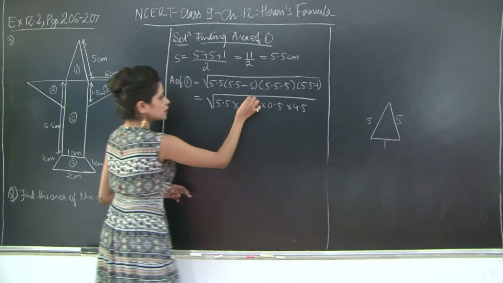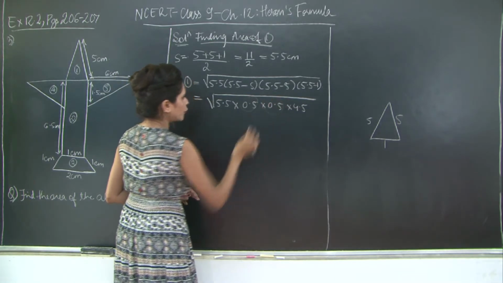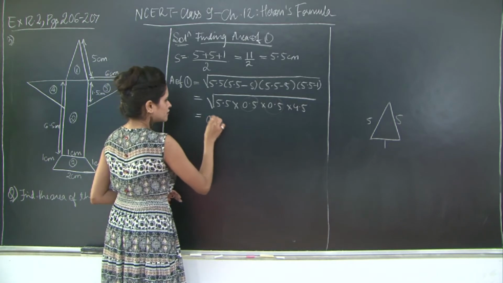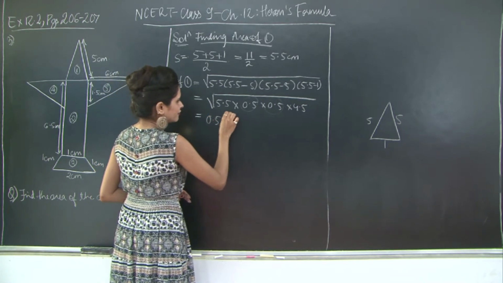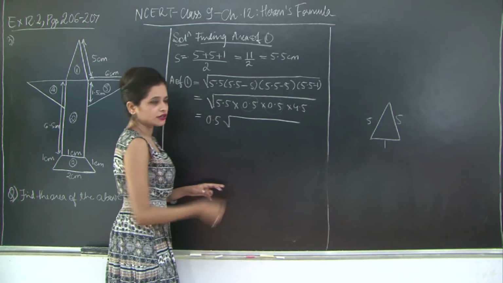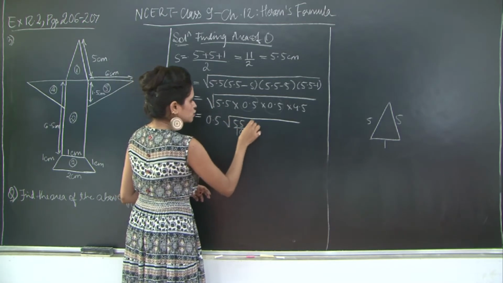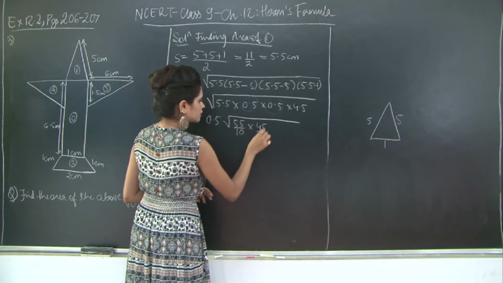So, here we can see you have common terms 0.5 and 0.5. I am going to remove that common outside. So, 0.5 and I have 55 and 45 upon 100. So, I can write 5.5 as 55 upon 10 into 45 upon 10, right.